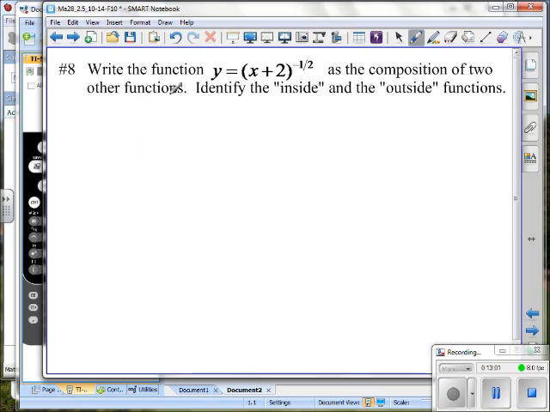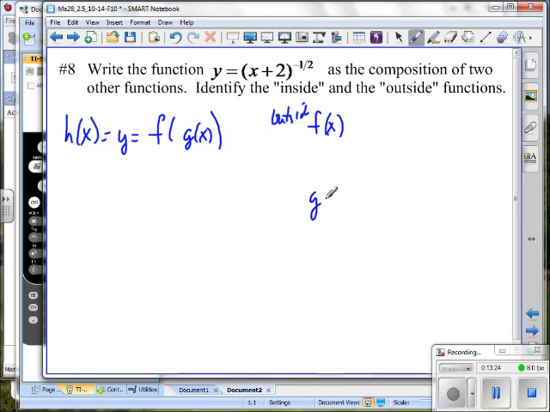Okay, so if I'm going to look at this, let's call h of x, and we can let y equal h of x, and let's say that it's f of g of x. So we're going to identify f of x as the outside function, and we'll identify g of x then as the inside function. So go back to this.